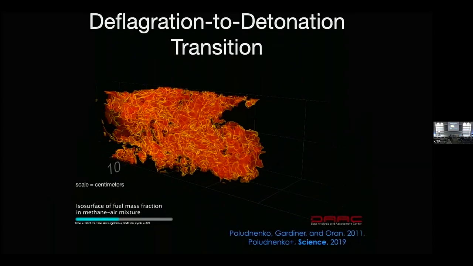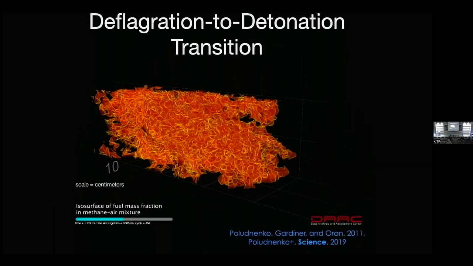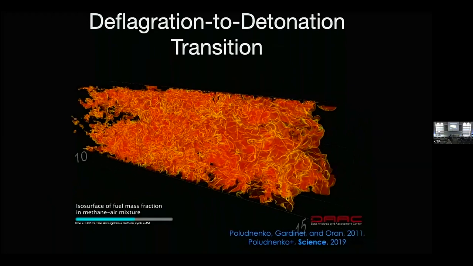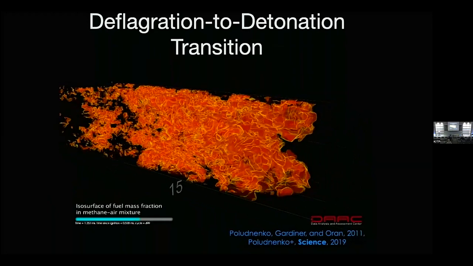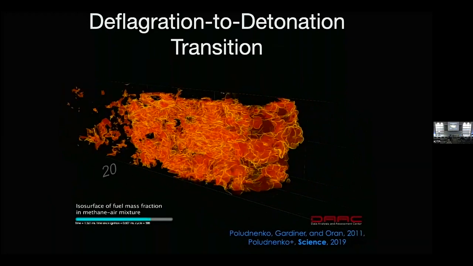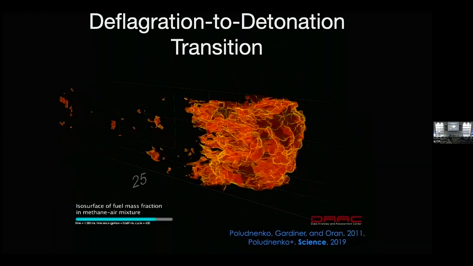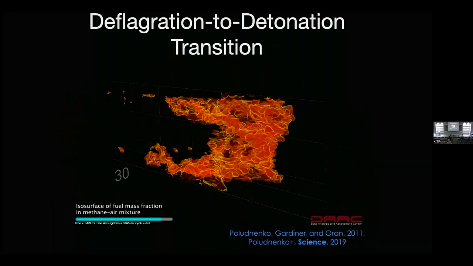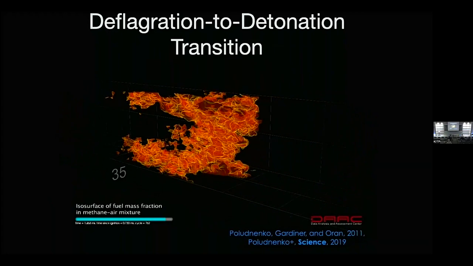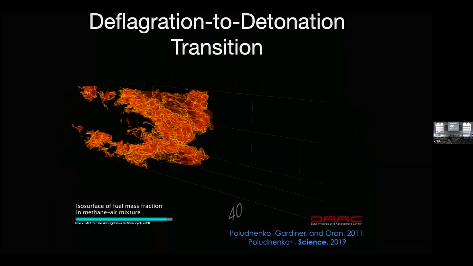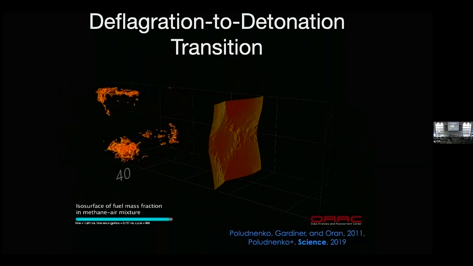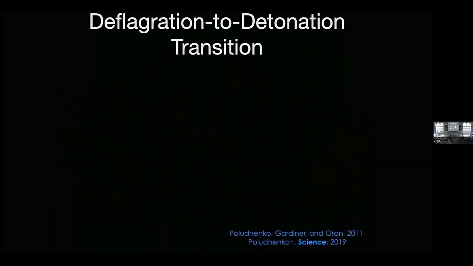This is a fully resolved depiction of combustion in a terrestrial combustion mixture, which is methane air. The scale here is shown in centimeters. As the flame moves down the channel, you can see the enhancement of turbulent burning leads to greater surface area. And at some point, the burning becomes unstable to the development of shocks within the flame surface. And those shocks develop into a detonation, as you see here.